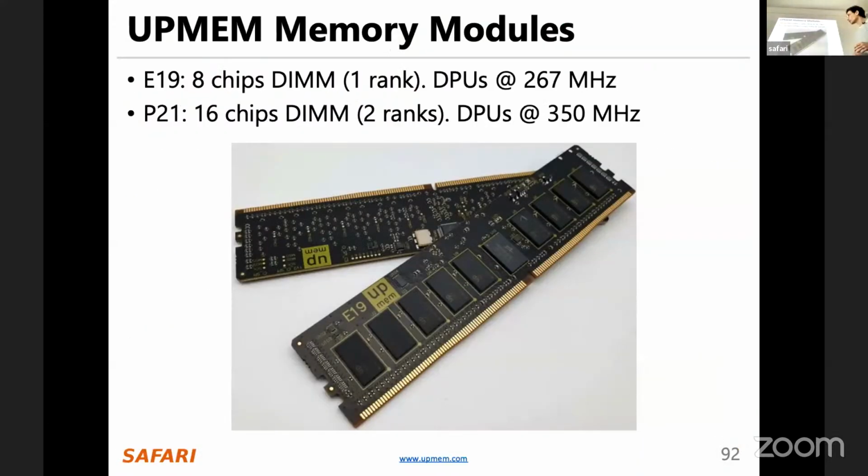Here you can see another picture of these UPMEM DIMMs, and as you see, they look like normal DIMMs, but they are much more powerful because they have processors inside them. And we can use those processors.